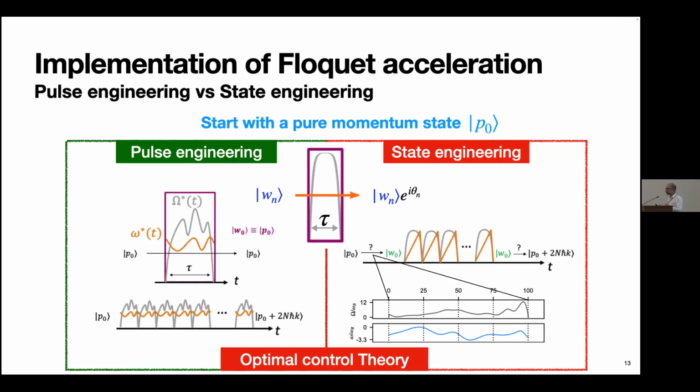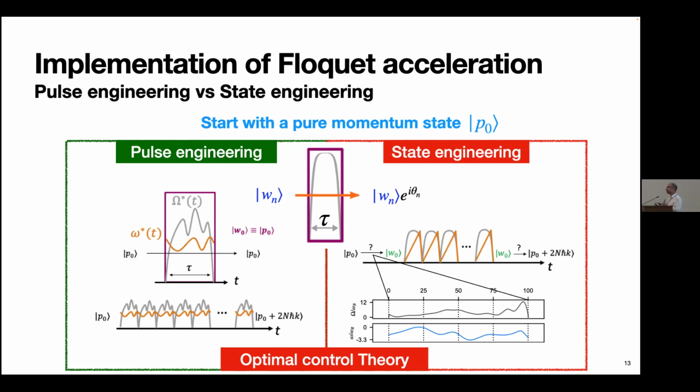So we have to accommodate at some point the P0 initial state with the Floquet state. A first solution would be to design the proper shape of your pulse to have a Floquet state which corresponds exactly to the initial momentum state. So we did that. It works very well.